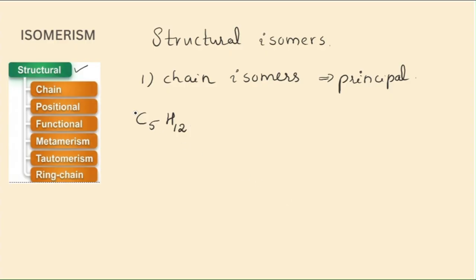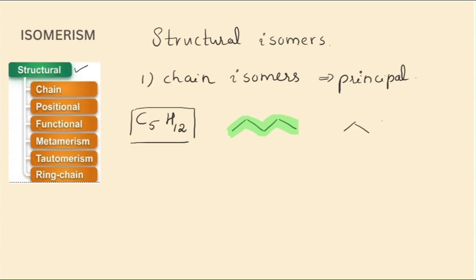C5H12. This is the molecular formula. We can write this molecule as n-pentane, right? So in the longest chain, how many carbons do we have here? 5 carbons. Now, we can take this methyl, and then we can substitute that by a hydrogen present here.